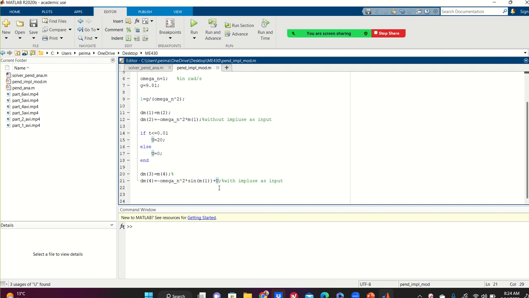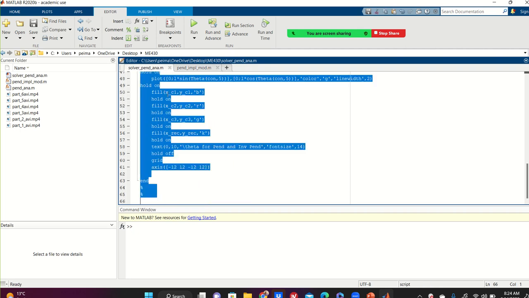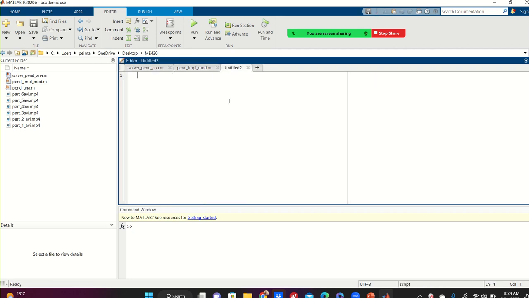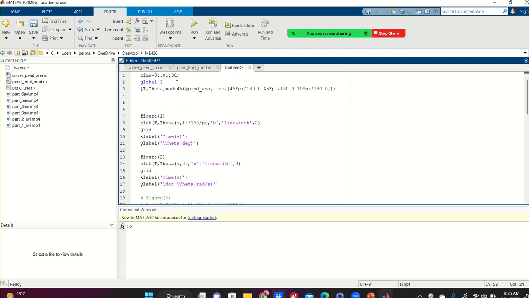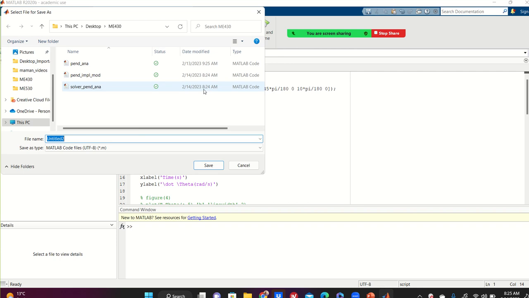Yes? Good. Now I'm going to generate a new solver, because I'm going to share it with you, and I'm going to say 15 seconds. It's going to be solver impulse.